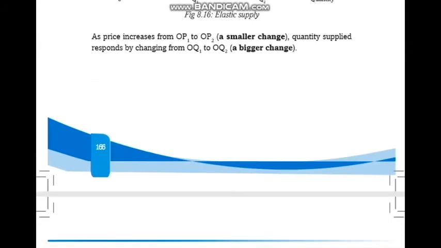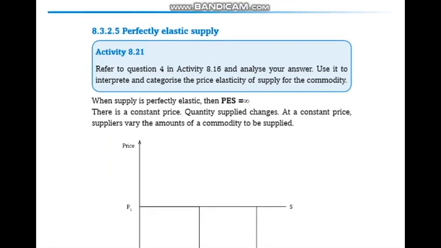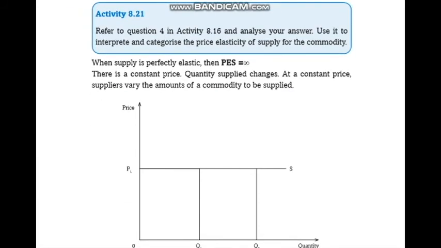As price increases from OP1 to OP2 based on the graph, quantity supplied responds by changing from OQ1 to OQ2. Now, perfectly elastic supply. We have perfectly elastic supply when price elasticity of supply is equal to infinity.